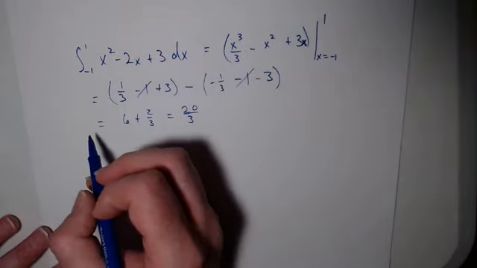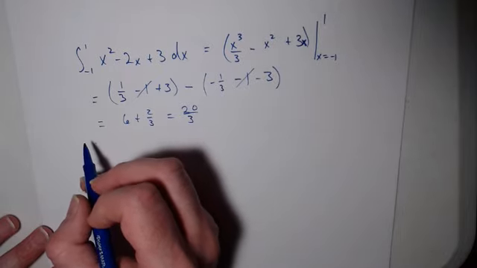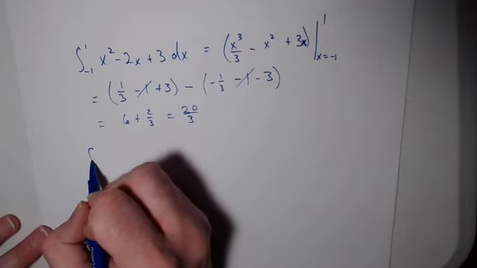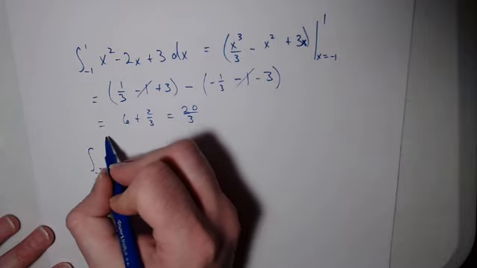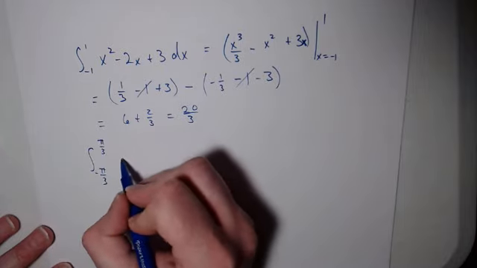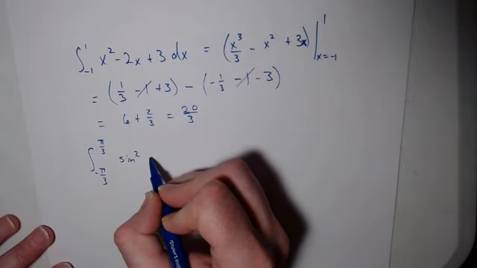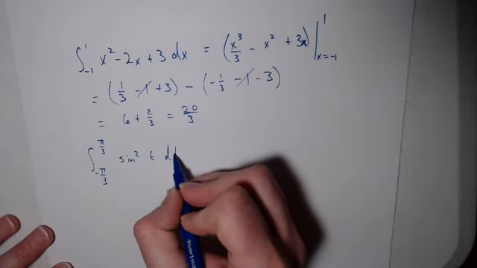Number 14 has a little something to it. So number 14 is the integral from minus pi over 3 up to pi over 3 of sine squared t dt.